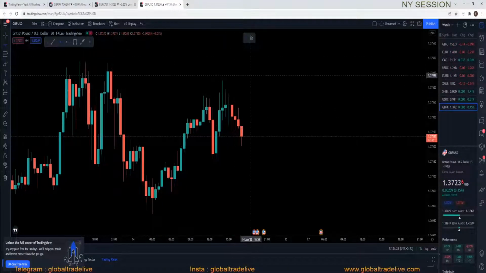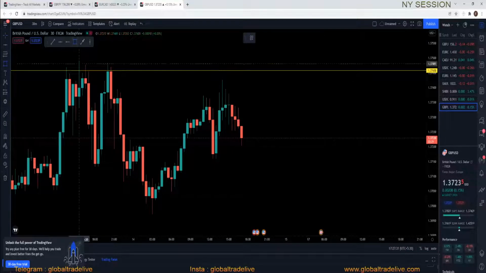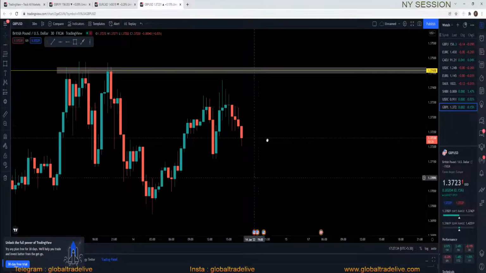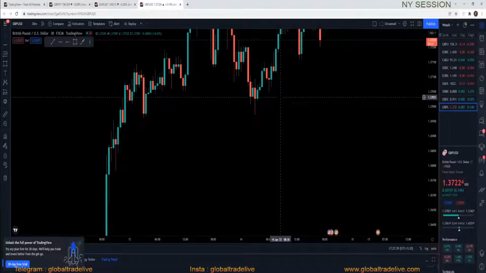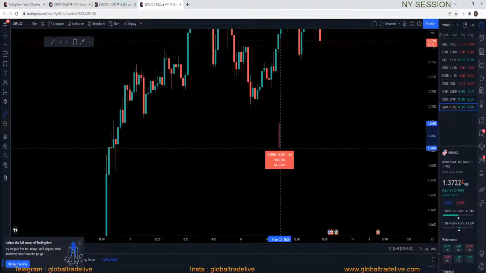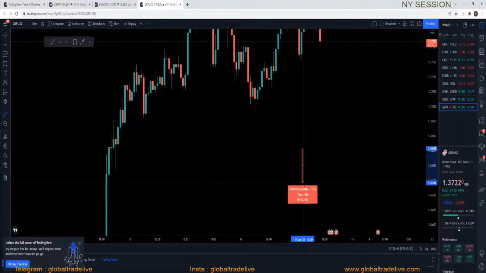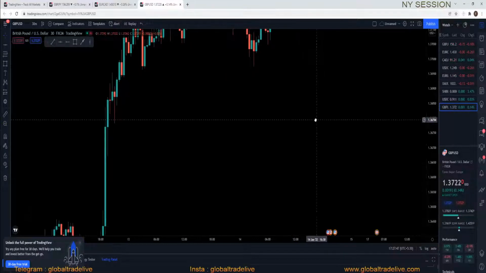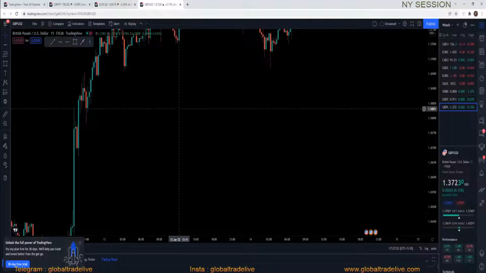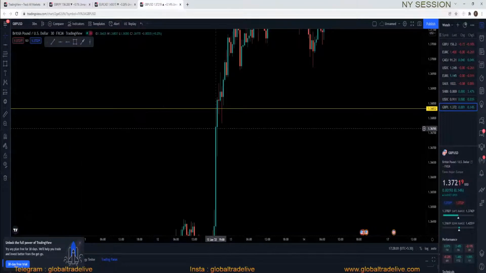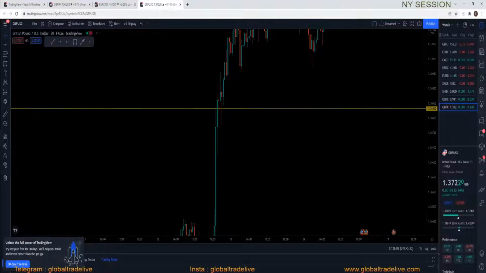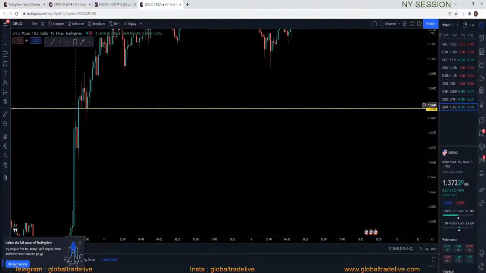I'm gonna buy above this area, and I'm gonna sell below this area or this area.